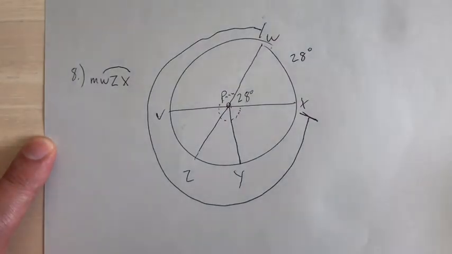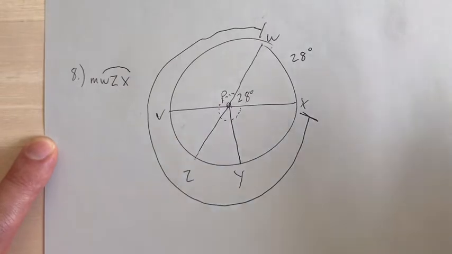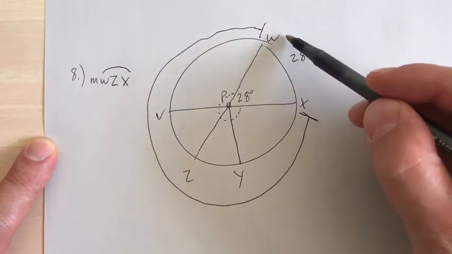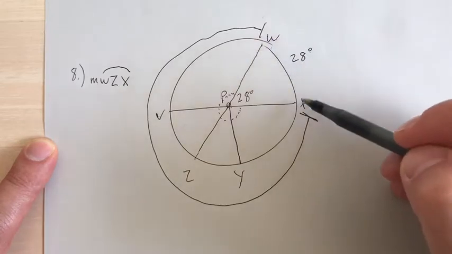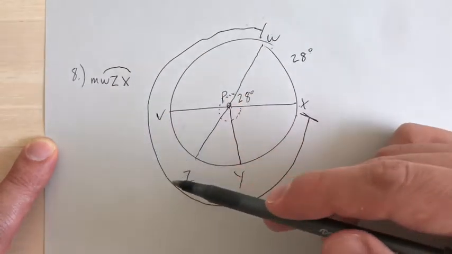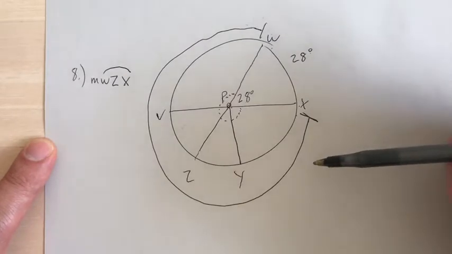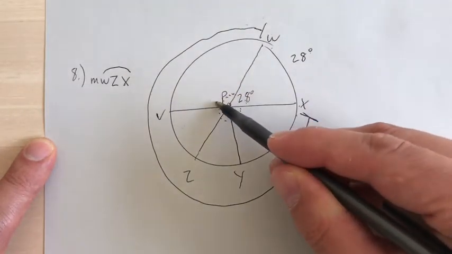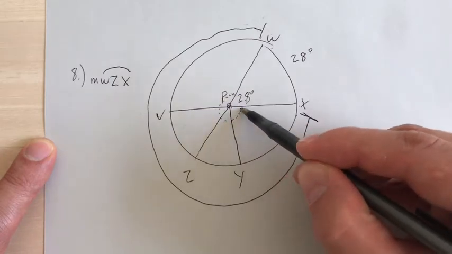The reason this is important is because the arc WZX is pretty much the opposite of this, right? This is just the arc distance from W to X, and arc WZX would be the rest of the circle. So we have 28 degrees here, and we're trying to find the angle that wraps around the rest of the circle.